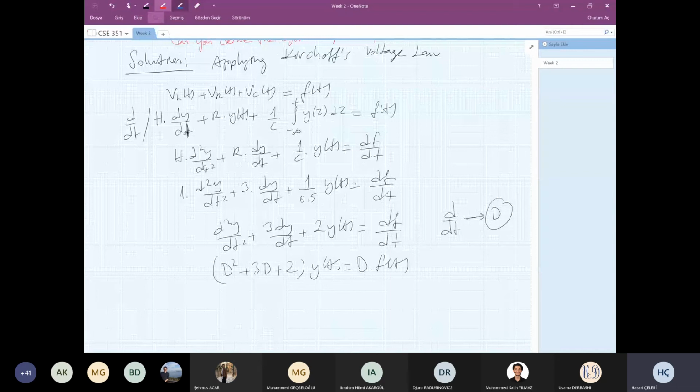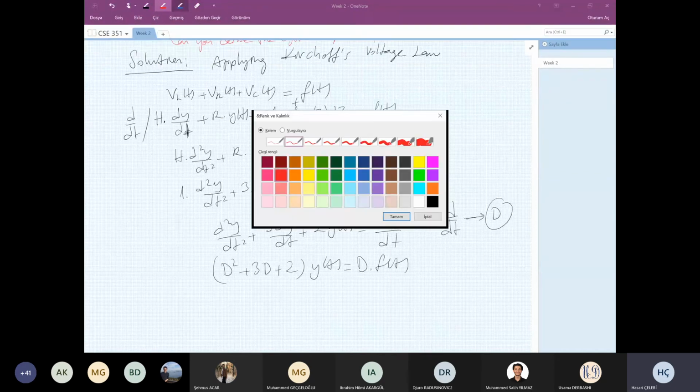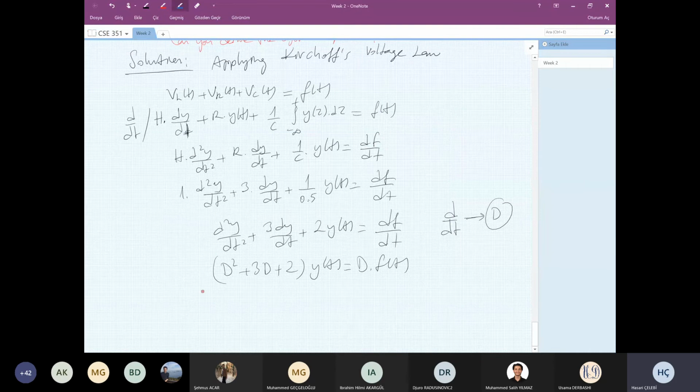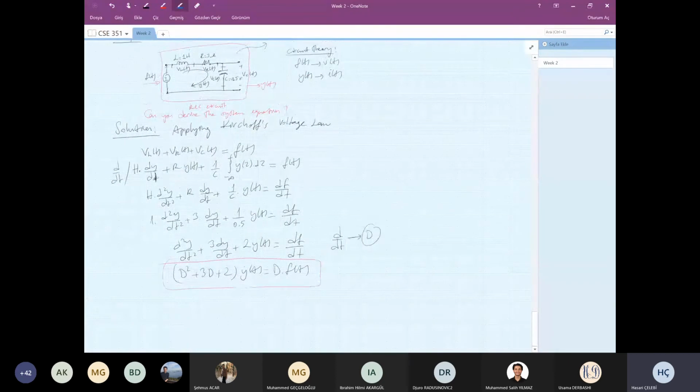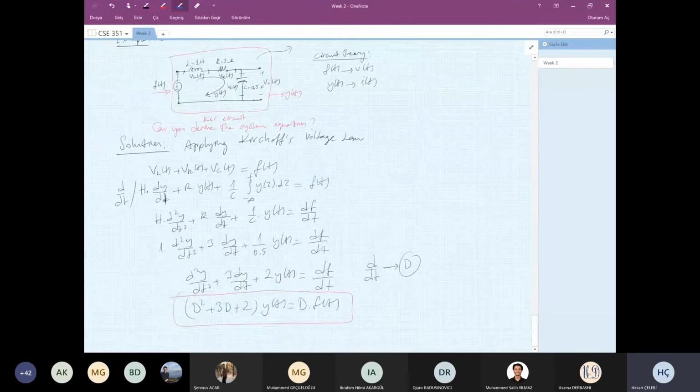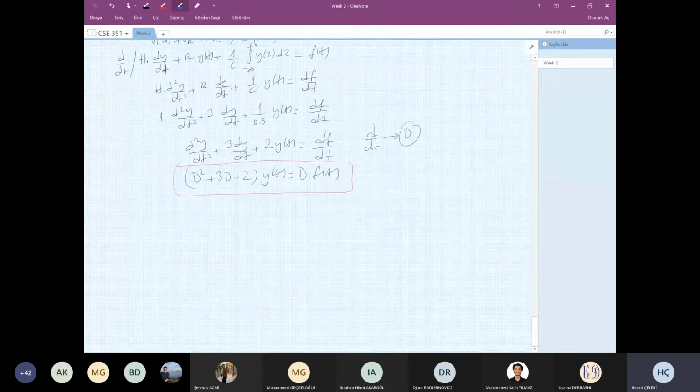So we come up with the model, as you see, guys, in a very simple way. This is my system equation that I'm looking for for this circuit. Can you guys see how simple it is? Yes.